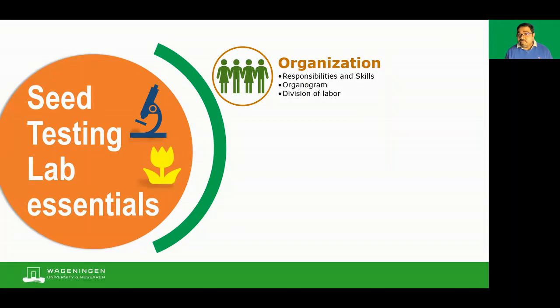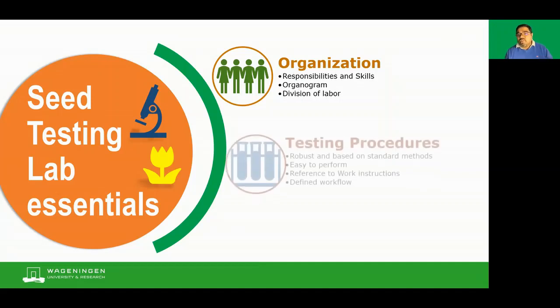There should be an organogram showing who reports to whom, how the information flows, and the division of labor: who is doing what, who is doing which testing. This is very important, because we need to be very careful about time: when the sample is going in, when the sample is coming out, when we are starting the test, when we are stopping the test. All those things.